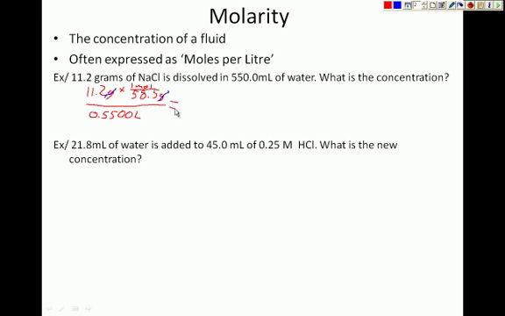And if we do this, 11.2 divided by 58.5 divided by 0.5500, what we will get is 0.348. And the unit for molarity is big M, or sometimes you can just write moles over liters. Okay. Again, 3 sig figs, 3 sig figs, and 4 sig figs. Our answer is 3 sig figs.